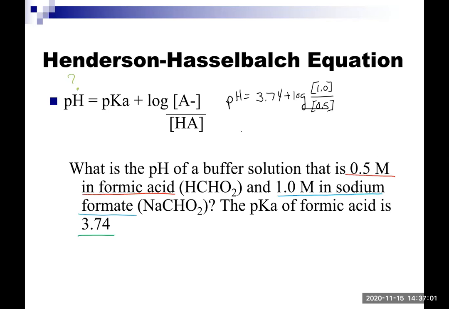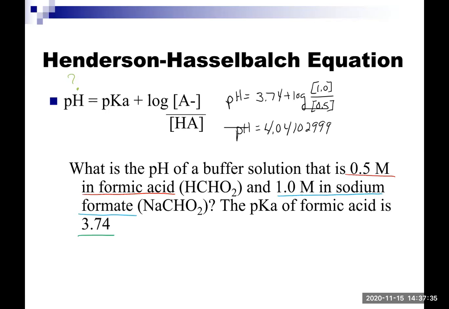And when we do the math here, we have 1 divided by 0.5 equals, and then we hit the log key, and then we add 3.74. And we get 4.04102999, and it keeps going, but I'm going to cut it off there because I know that's way more sig figs than I need to worry about.